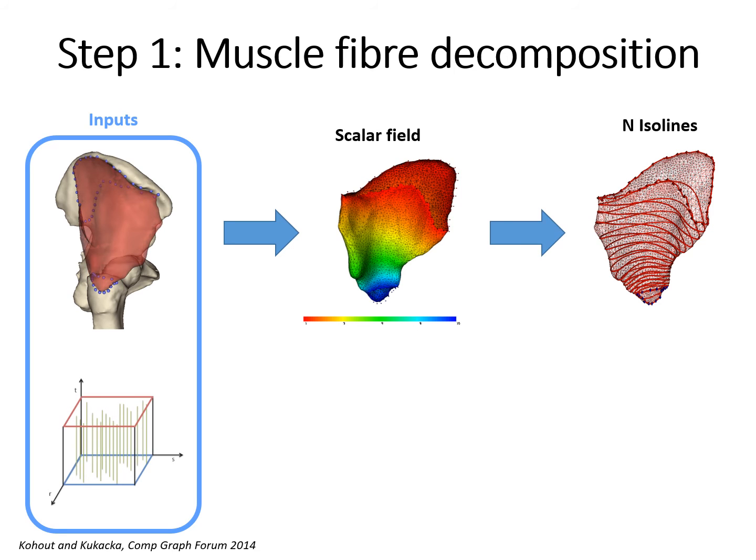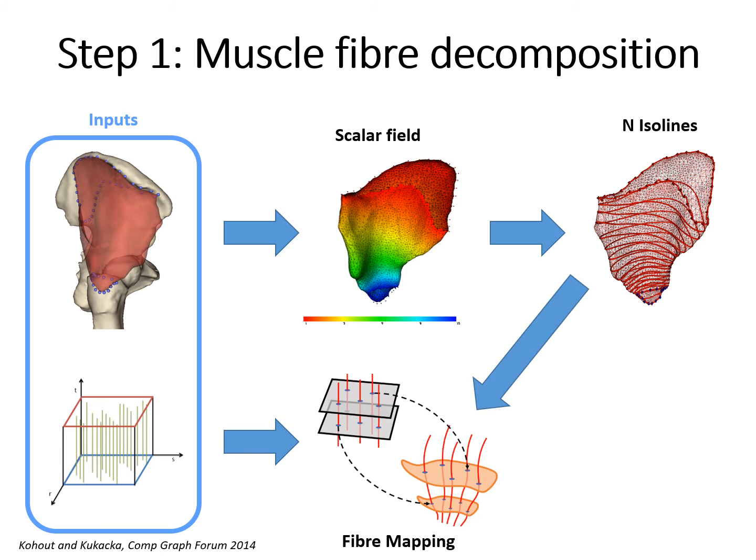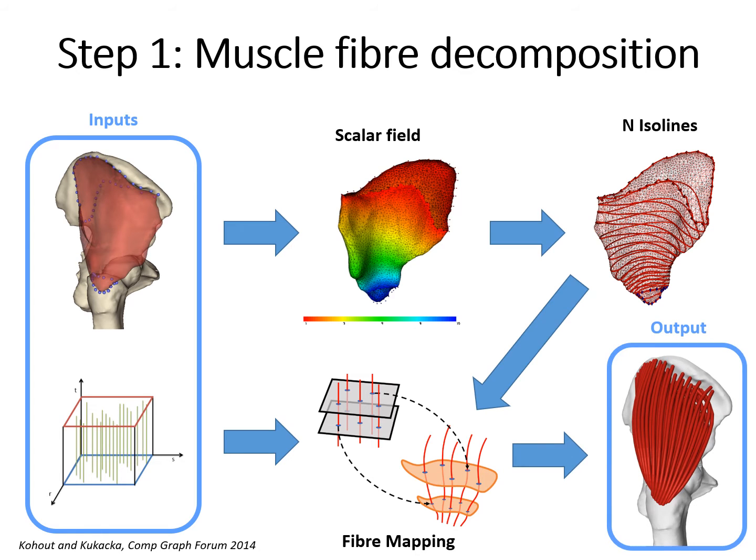A cubic template defining the fiber arrangement and including as many fibers as desired by the user is then considered and sliced, and the fibers are mapped to the corresponding muscle sections. In this way, a final muscle representation is obtained in the reference pose defined by the surface models.